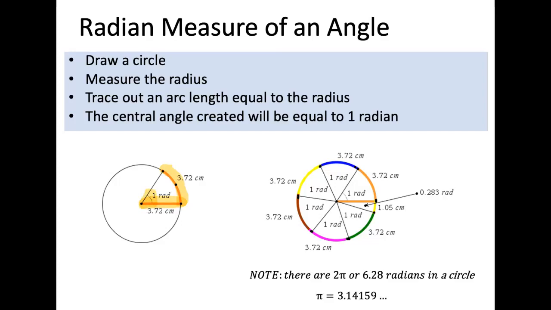Now, we can change that to degrees. If you'll notice on the drawing on the right-hand side, when we consider going all the way around the circle with radian measure, we end up with this little part left over at the end.